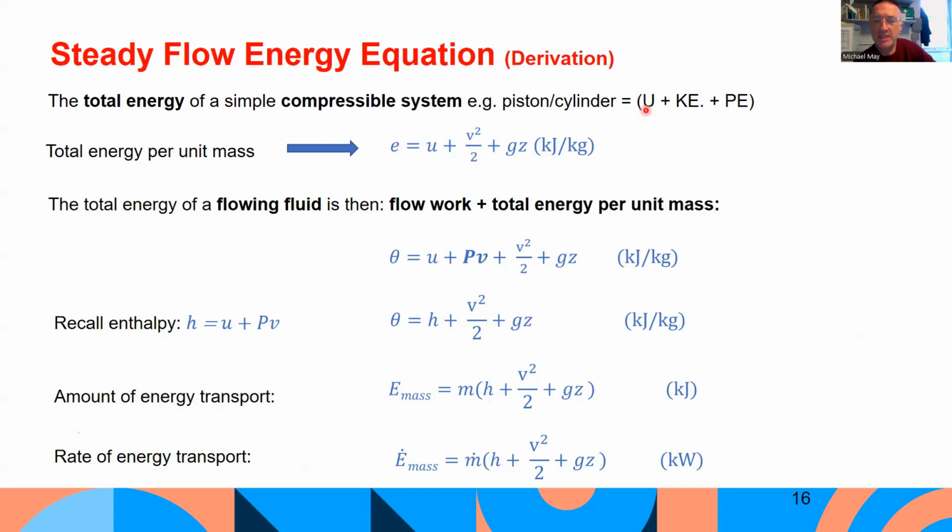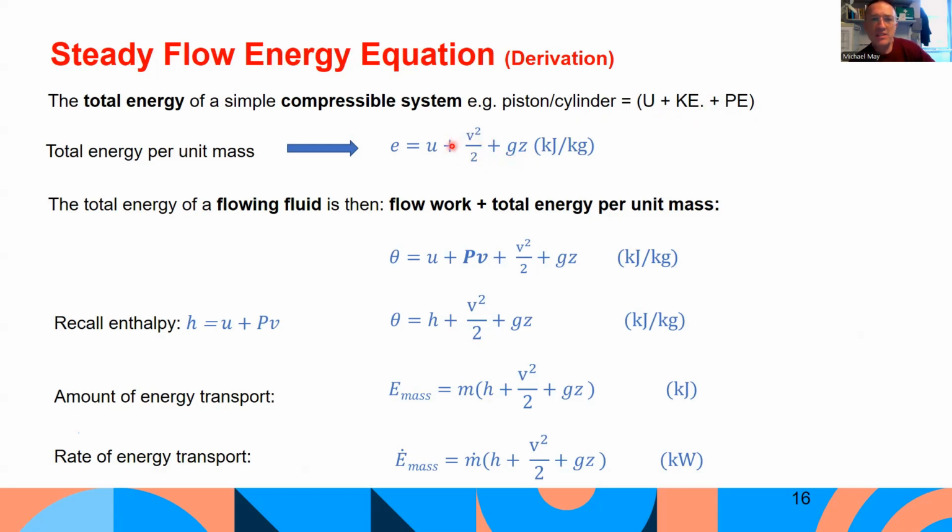For that type of system, the total energy in the system can come in the forms of internal energy, kinetic energy, and potential energy. Generally, the last two were small or negligible, so we were generally dealing with a change in internal energy. If we express them per unit mass, they look like this. So specific internal energy, then V squared over 2 for kinetic energy, and gz for potential energy. We drop the mass for each.